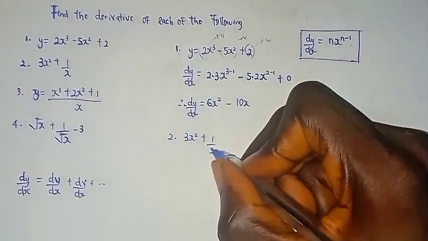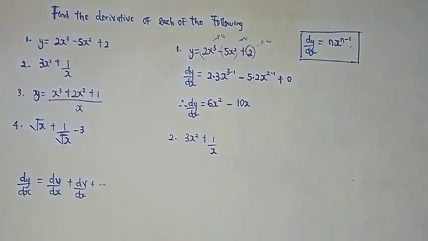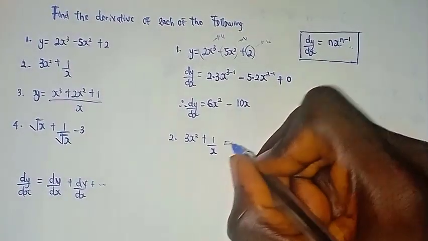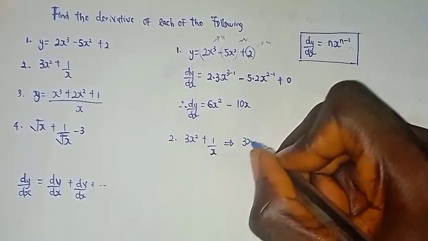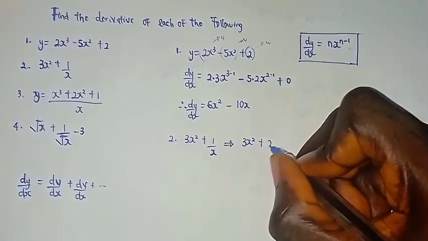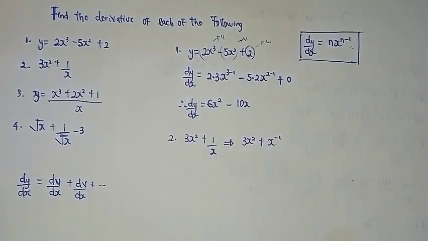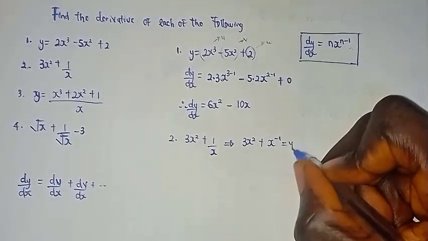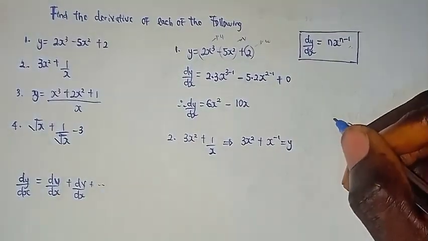Now let's look at the second question, which says 3x squared plus 1 over x. We can simplify this further from the laws of indices. This becomes 3x squared plus x raised to the power of minus 1, and this is equal to y. I forgot to put that.